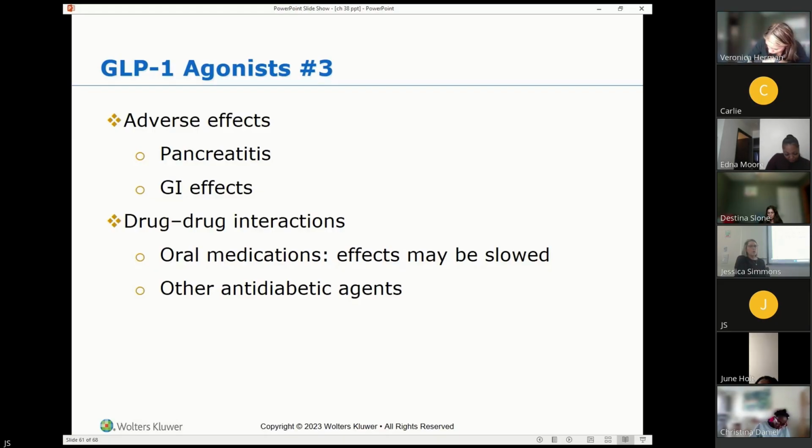Also, GI effects, which can include nausea, vomiting, decreased appetite, constipation, and diarrhea. On page 667 under adverse effects, I have highlighted there is a risk of pancreatitis with these drugs. So they need to be held if the patient reports severe epigastric pain.